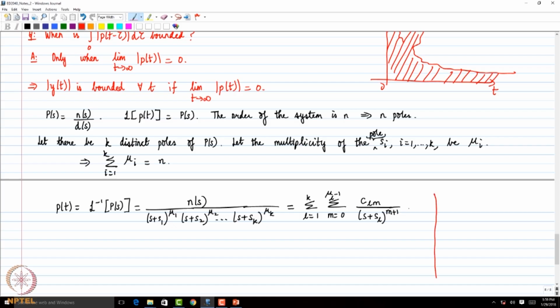I hope I did it correctly. Let us double check. Let us say I have a system whose transfer function is 1 by (s + 1)(s + 2)(s + 3) whole square. What is the order of the system?